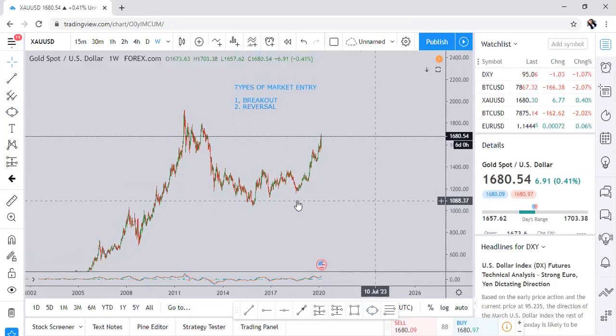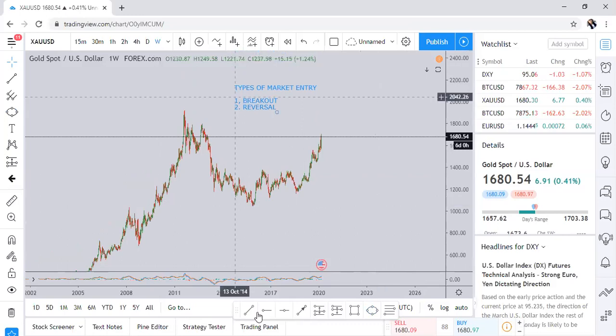Okay. So types of market entry: breakout and reversal. So this is gold on the weekly.